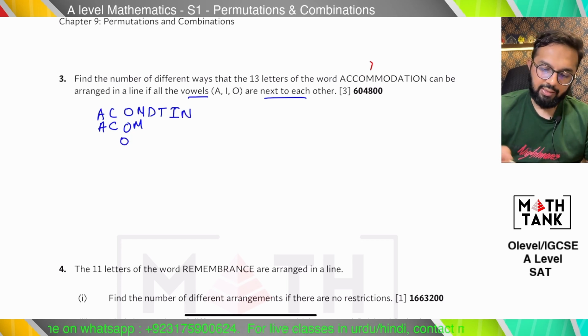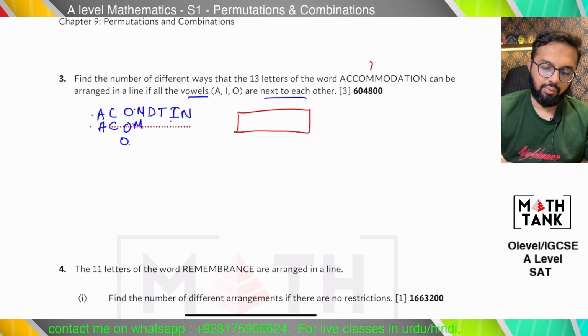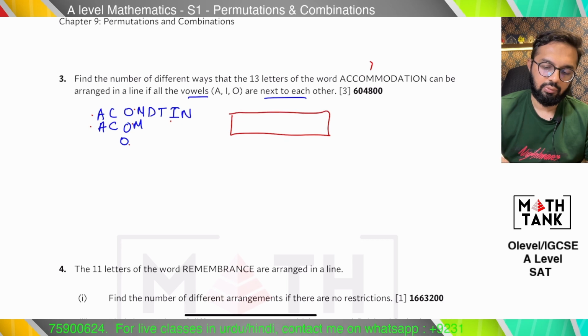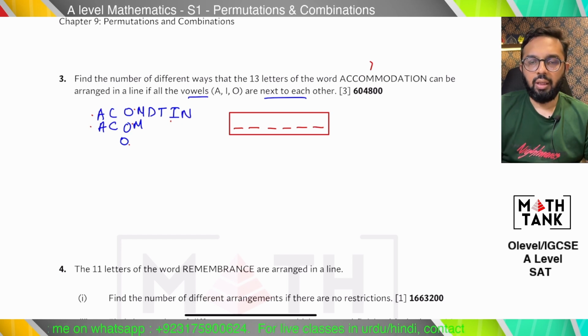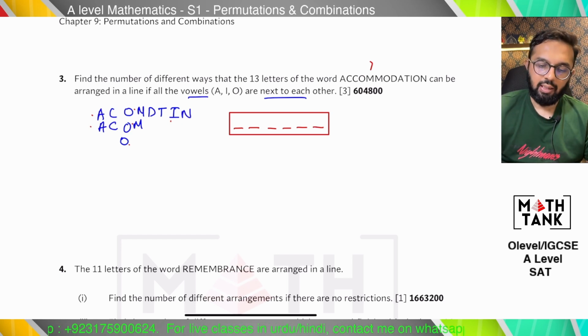So all the vowels are next to each other. How many vowels am I talking about? 1, 2, 3, 4, 5, 6. Okay. So 6 inside the box.